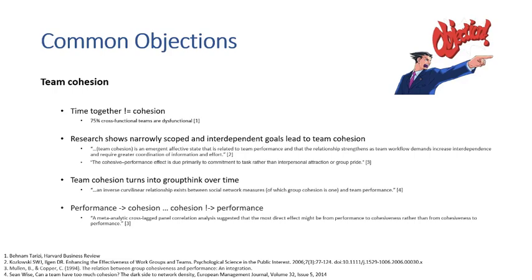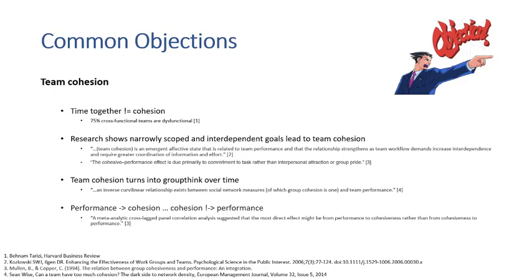Research also does show that narrowly scoped and interdependent goals lead to team cohesion. That was what I was talking about before, how it's important that the task forces' goals and objectives are narrowly focused, because that helps with team cohesion. And I have a couple of citations here.